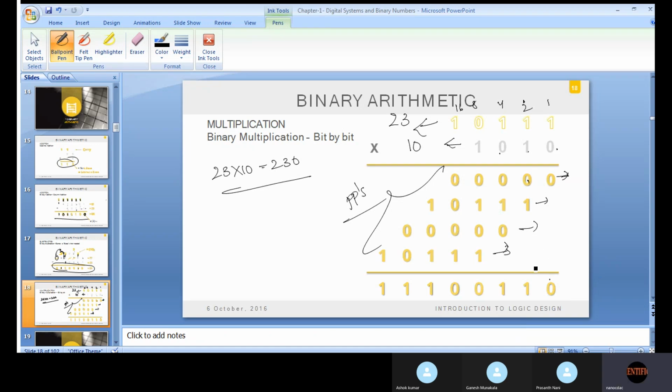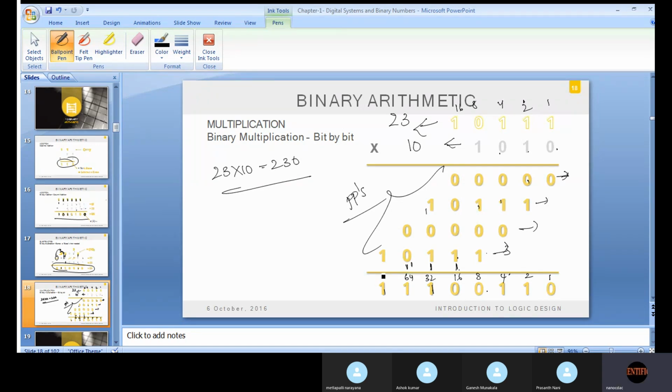Okay, so 0 1 is 1, 1 is 1, 1 1 0, and here you will get 1 carry, 1 1 0. Okay, there are 3, sum 1, and here also carry 1 came here. Okay, next 1. So what is the equivalent of this? Isn't it 230? 1 2 4 8 16 32 64.